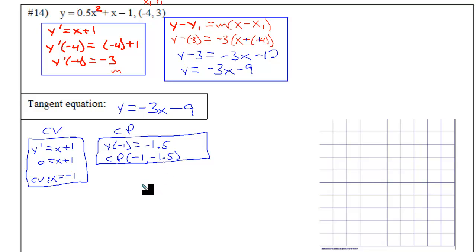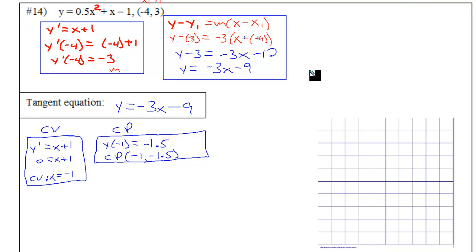Once again, we know it's a minimum, but we need to show that it is. If we pick some test points here, such as y of -2, it's to the left of -1, and y of 0, that's to the right of -1. Y of -2, using my calculator, I get -5, and y of 0, we get -1.